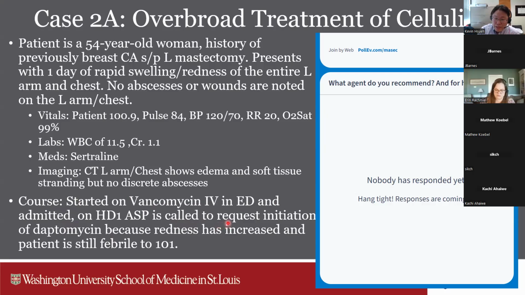And because the person would have been started on an IV cephalosporin, which generally has an easy conversion to oral cephalosporins like Keflex, the person would have had a very easy oral transition and hopefully more rapid discharge.